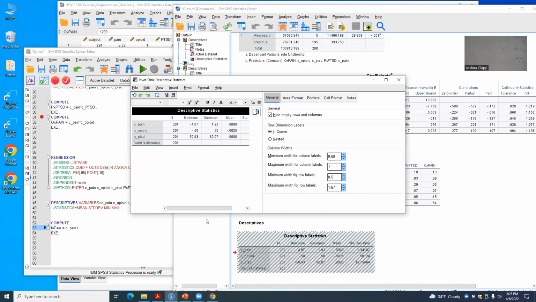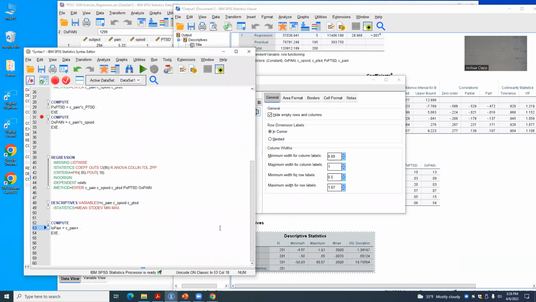I'll calculate that out. And what's slick about this, because it's centered, is I just copy it and call this high pain. You take centered pain minus the same thing. Now we've got high and low levels of pain.